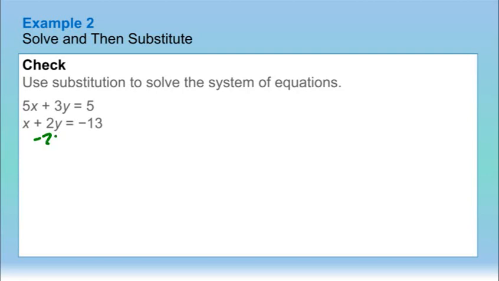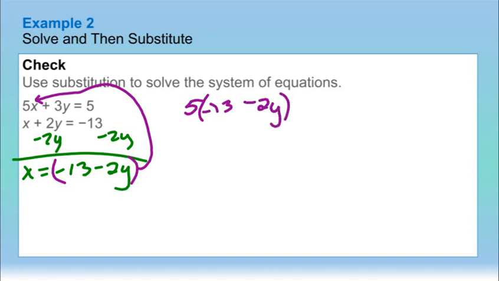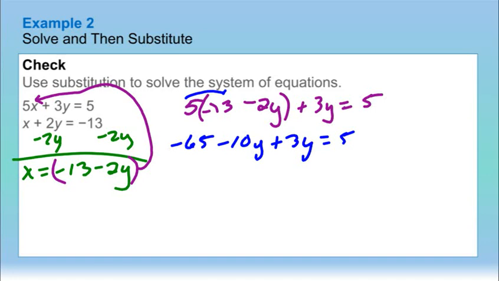Another example, subtract 2y on both sides. Now I have x equaling negative 13 minus 2y. I'm going to now substitute this in for x in the other equation. And I have 5 times (negative 13 minus 2y) plus 3y equals 5. It distributes, that's negative 65 minus 10y plus 3y equals 5.